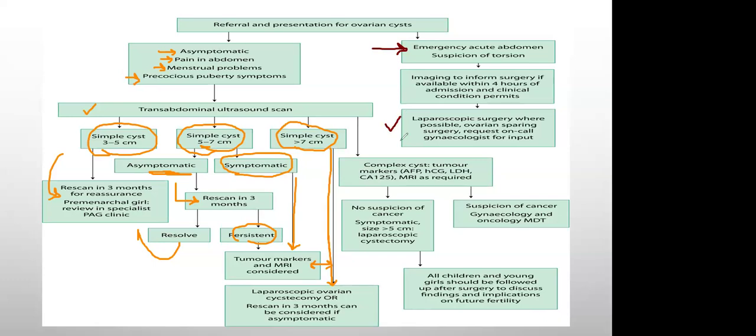Now, please remember that if we have a complex cyst and tumor markers, MRI, of course, requested, if there are no suspicions, I mean a low risk patient to have a cancer, then we can offer laparoscopic cystectomy for the patient.